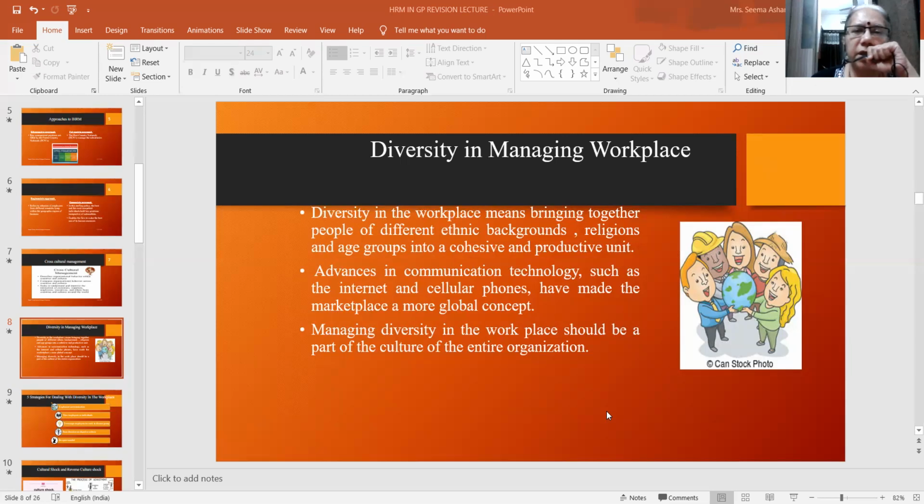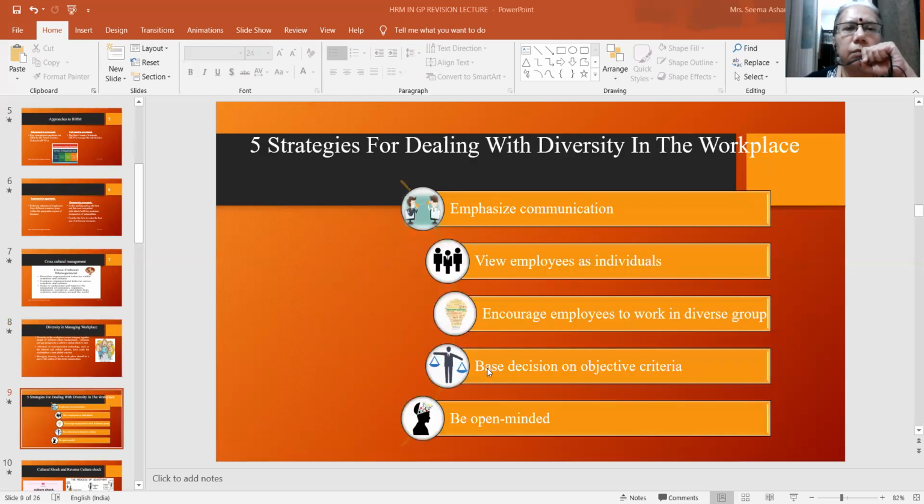Managing diversity in workplace should become a culture of the whole organization. There are different strategies for dealing with diversity in workplace. In that, the most important strategy is clear and transparent communication.